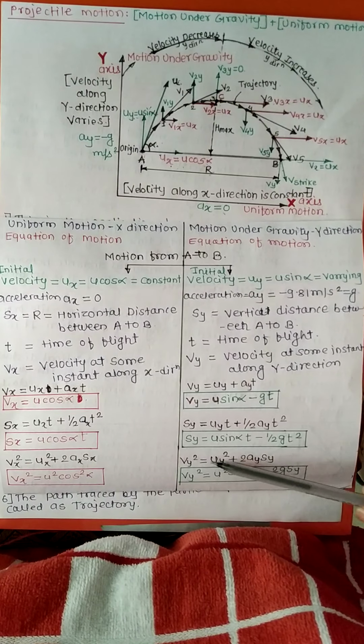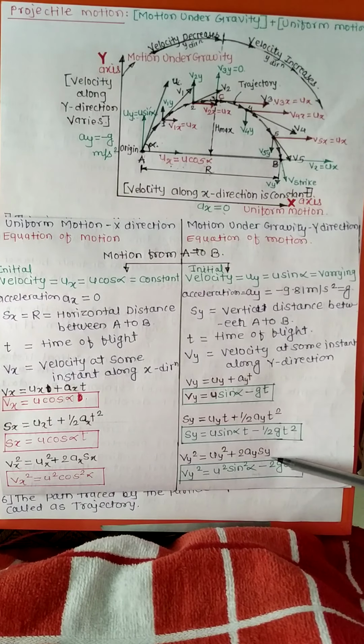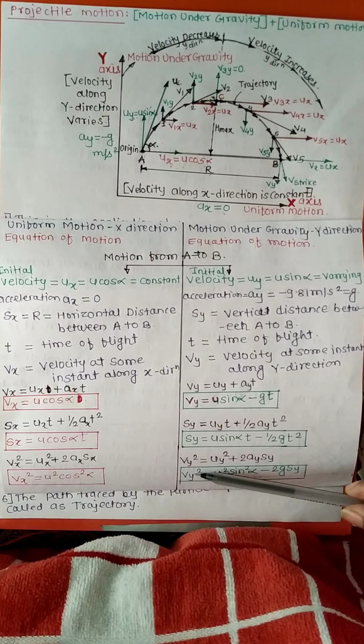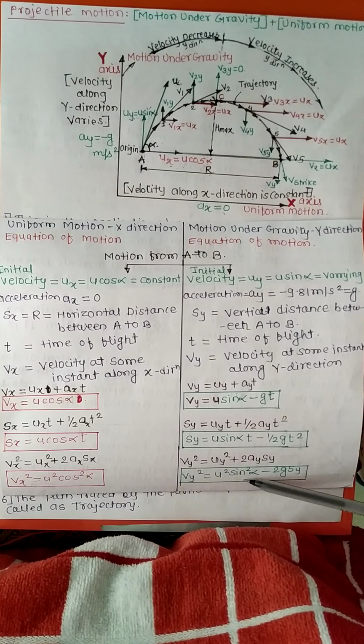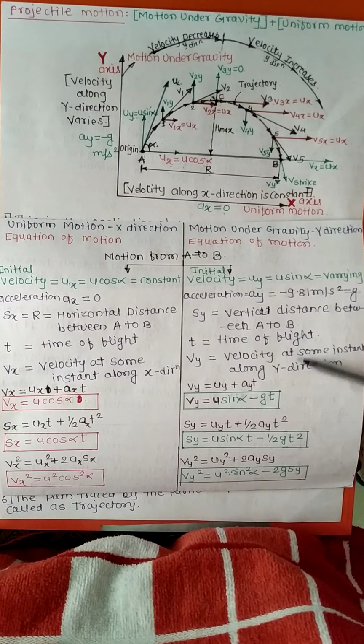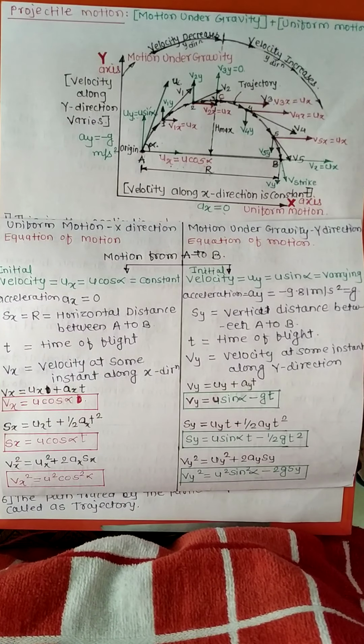Vy square equals uy square plus 2ay into Sy. So it will be Vy square equals u square sin square alpha minus 2g Sy. These are the three equations of motion along the y direction for projectile motion.